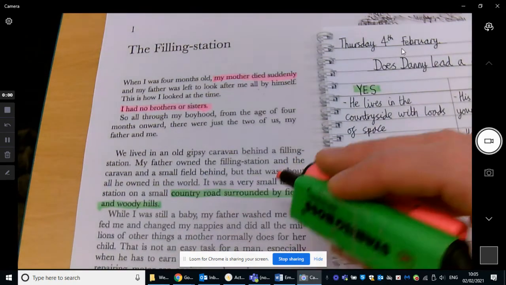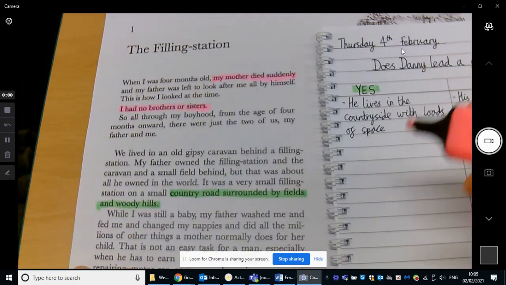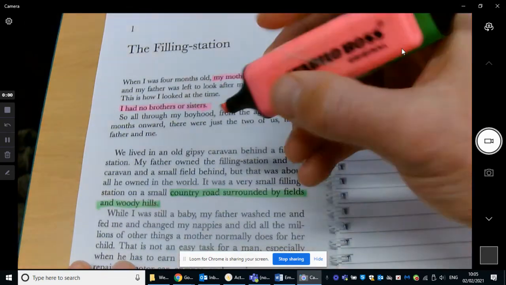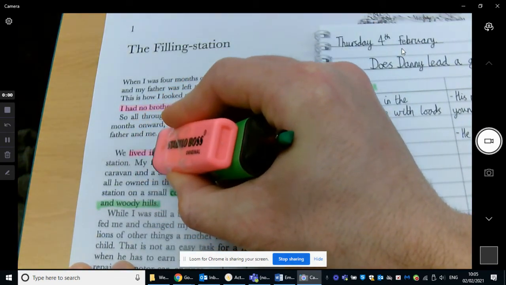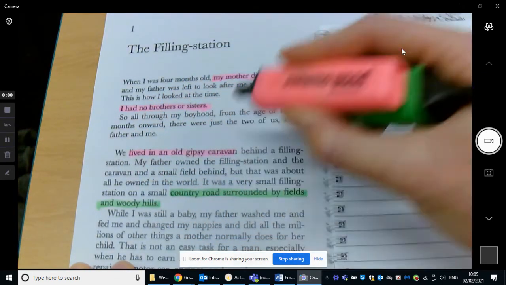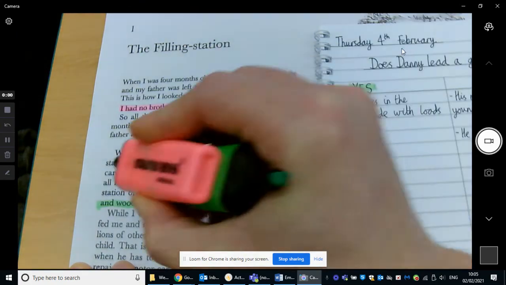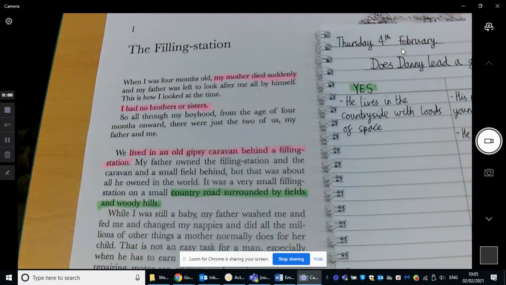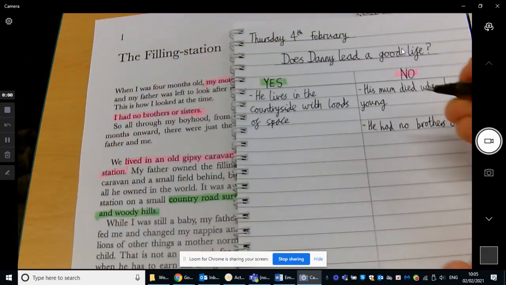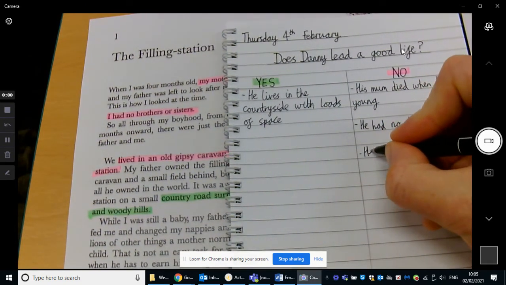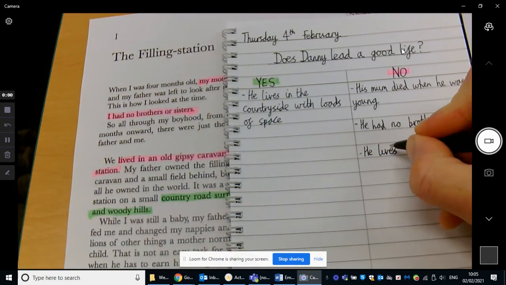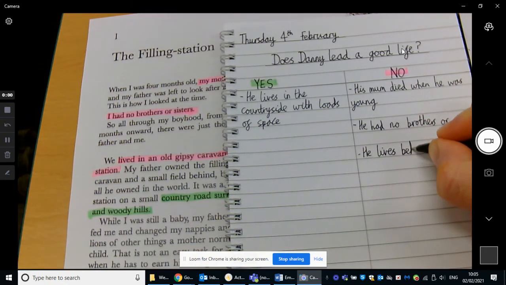I'm probably going to lean towards the no side there, thinking that that doesn't necessarily mean he leads a great life. So, lived in an old gypsy caravan behind a filling station. So I'm going to say no. He lives behind a filling station.